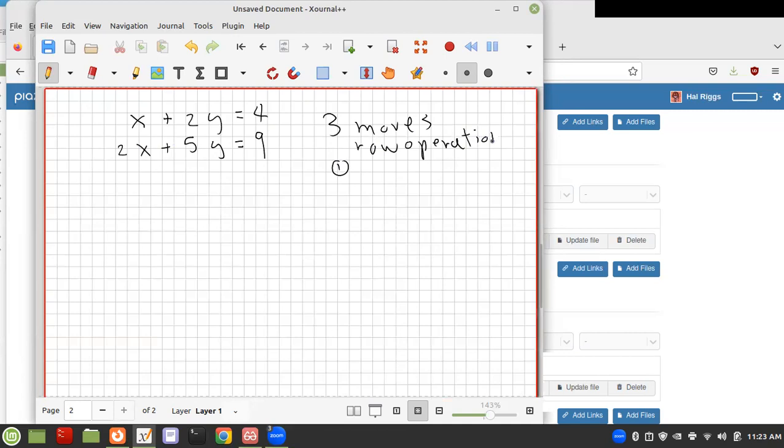And this method, which is called Gauss's method, is named after a guy in the 1800s named Gauss, and he's the one who came up with it. So, okay, there are 3 operations. They have names. There's the row combination operation.